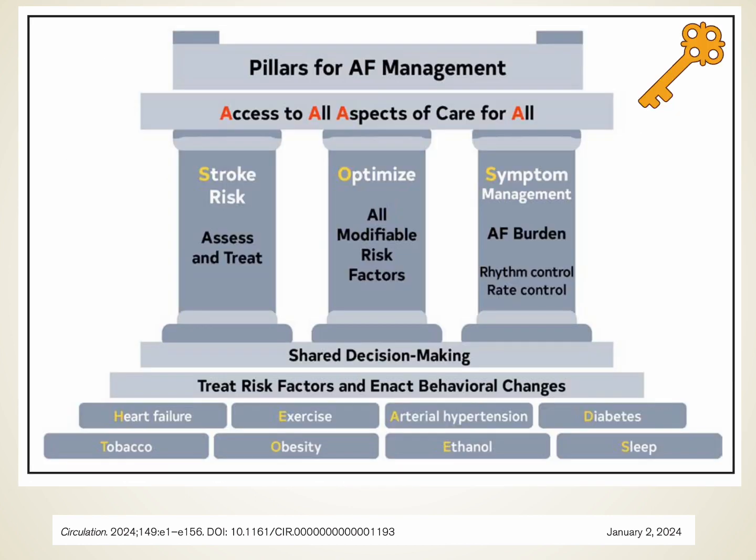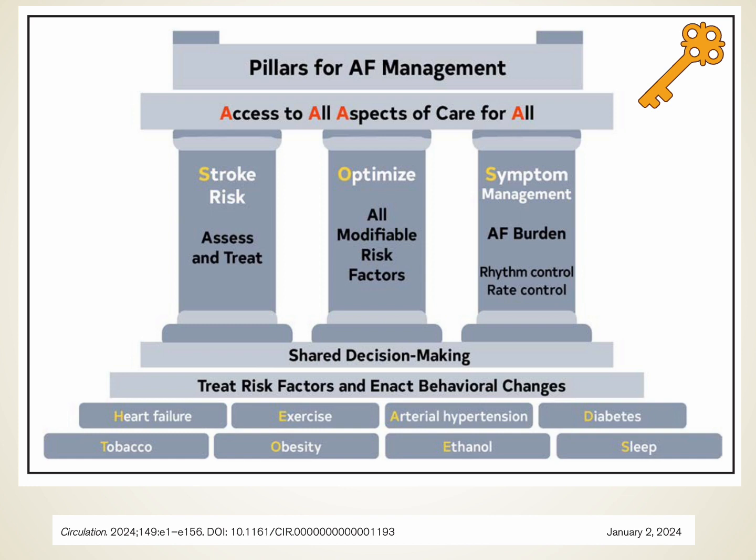The key management principles of AFib involve looking at the foundation we've got for looking at what people's risk factors are and to treat those cardiovascular risk factors. And we've heard of these throughout cardiovascular medicine, but a lot of these also are related to endocrine health and other situations as well.